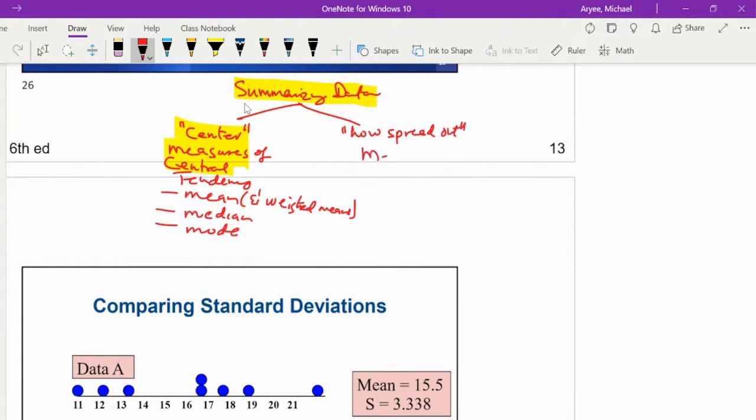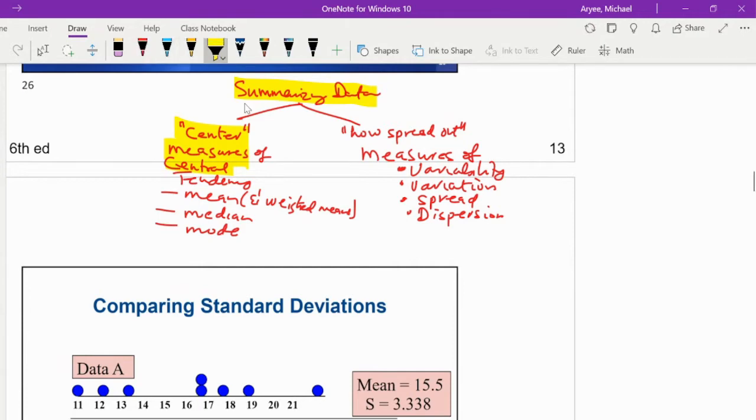So we also started learning about measures of variability, and we said the word can be variability, variation, spread, or dispersion. They are all referring to the same thing.